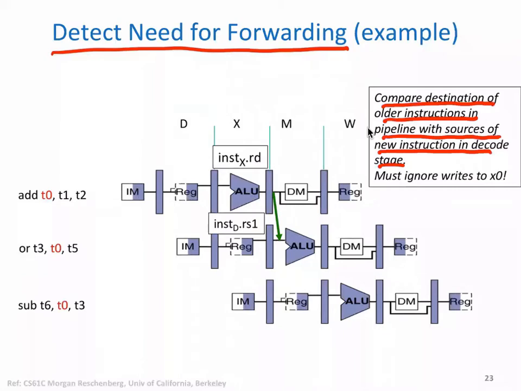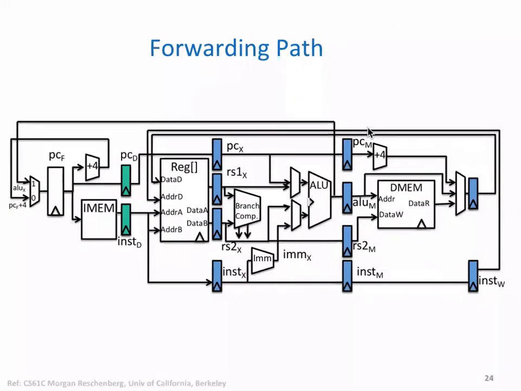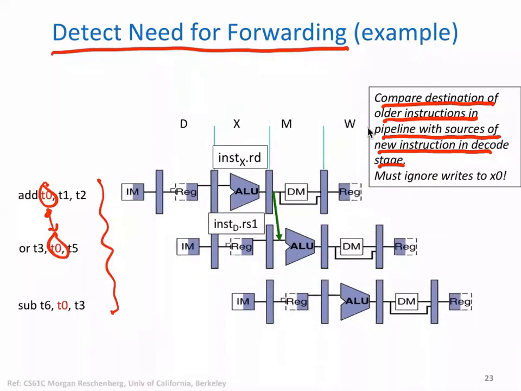The destination of the previous instruction is this one, and the source is here. So if we can do this kind of analysis, then we can do the forwarding, right? So by analyzing the instructions even at runtime, we'll know that we can do the forwarding.